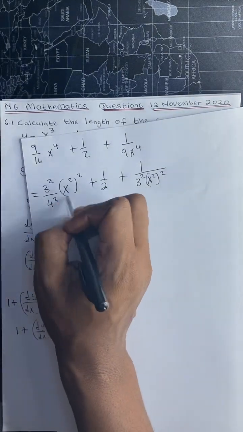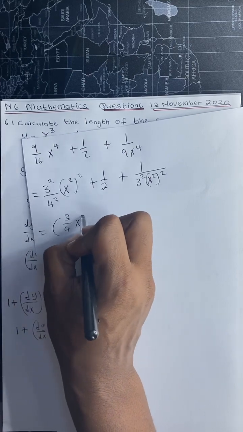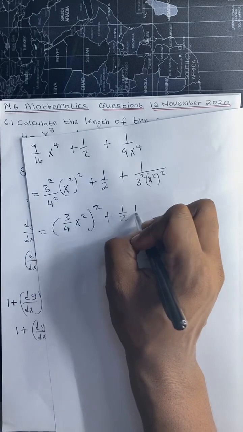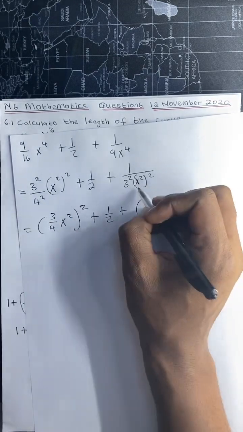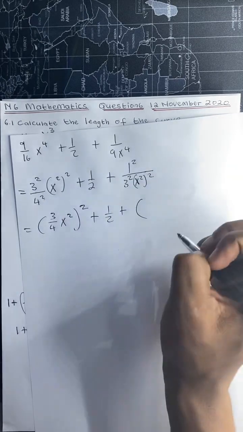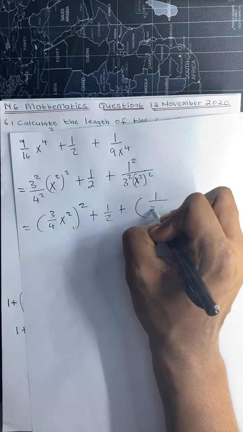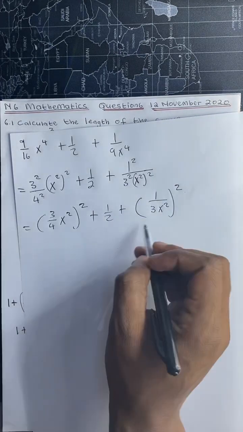So all of these things have squares, so we can write this as 3 over 4 x squared all squared plus 1 over 2 plus, even that 1 we can write as 1 squared, so they all have squares, so we can write this as 1 over 3 x squared all squared. So we try to factorize this.